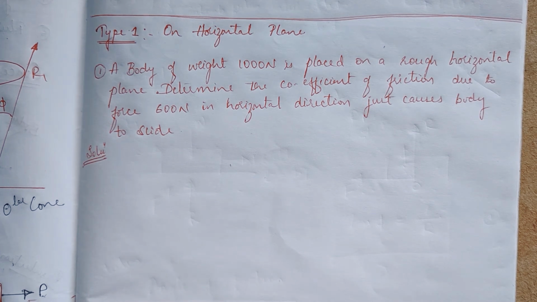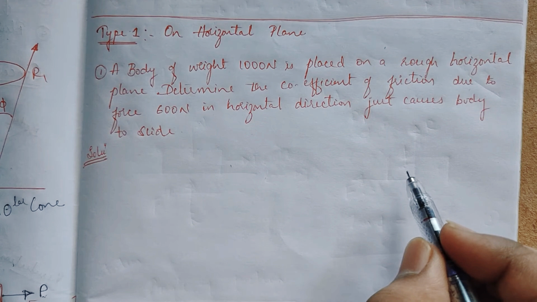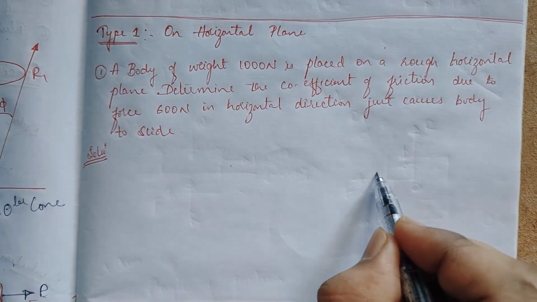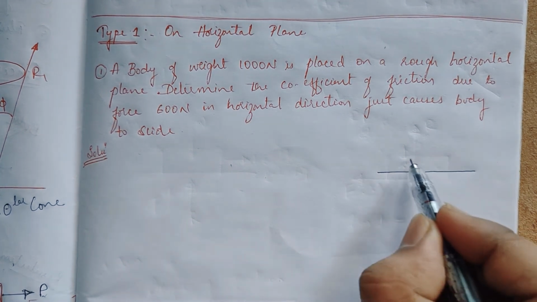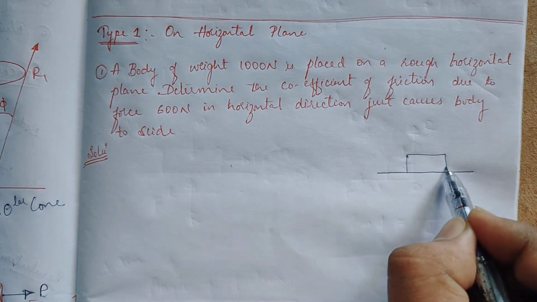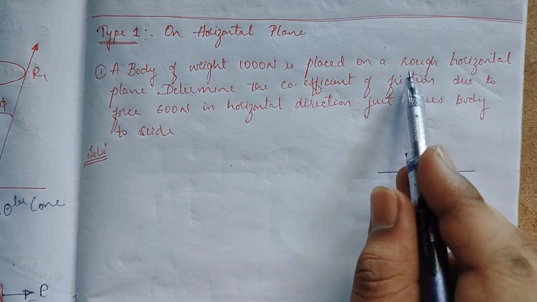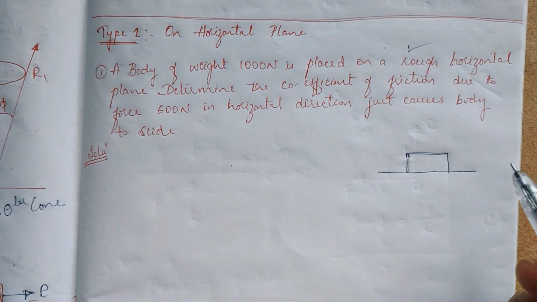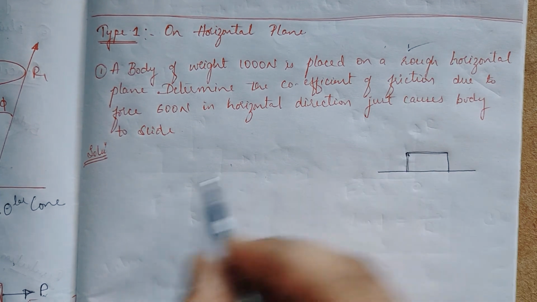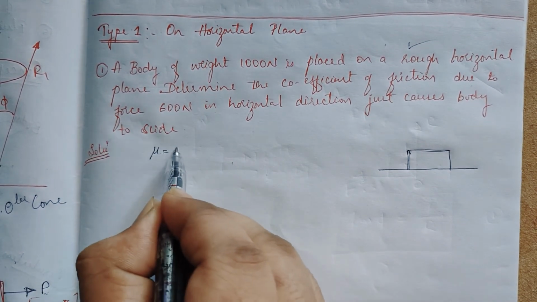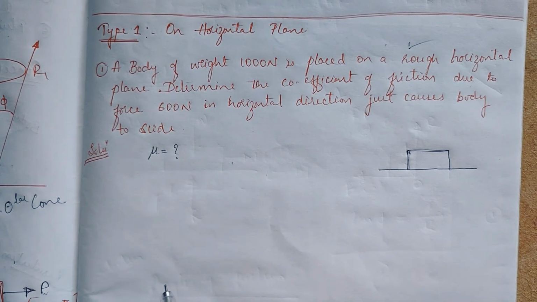So a plane is there, and on that a body is there. The plane is rough, so friction will be there. We have to determine the coefficient of friction due to the force of 600 Newton.